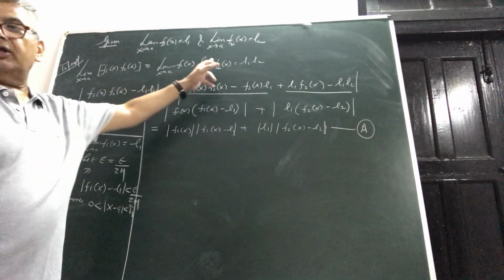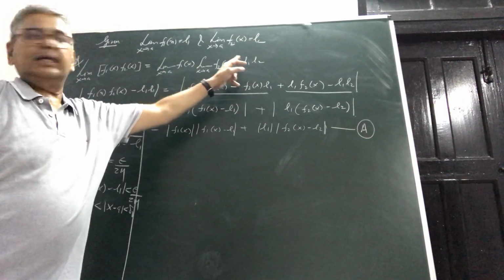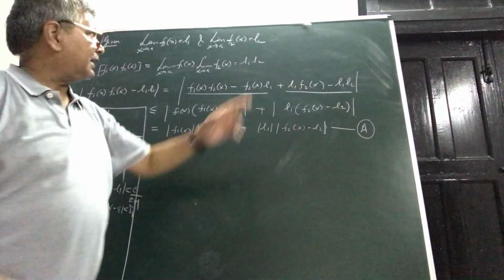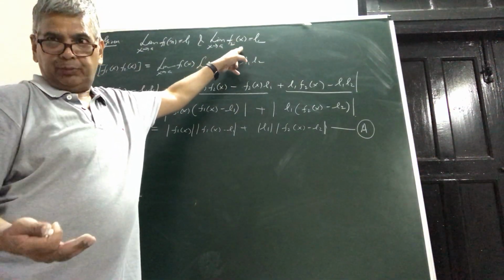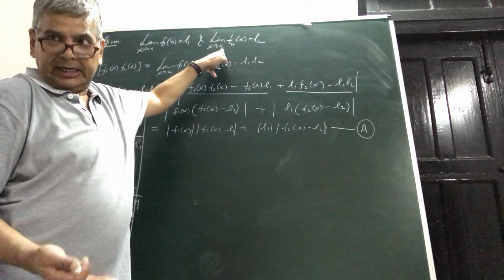Similarly, on the same lines, limit f2(x) is L2. Therefore, again, if we take epsilon to be epsilon by 2m, then again we would find a deleted delta neighborhood of a here also.